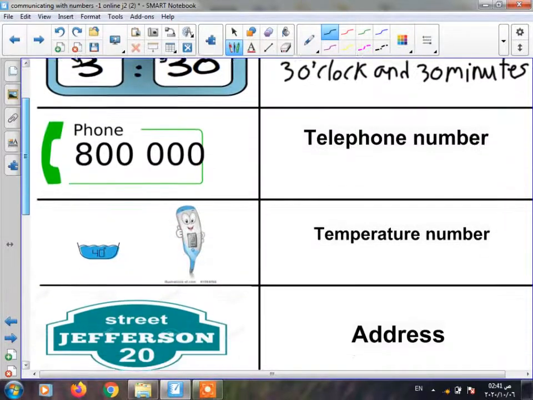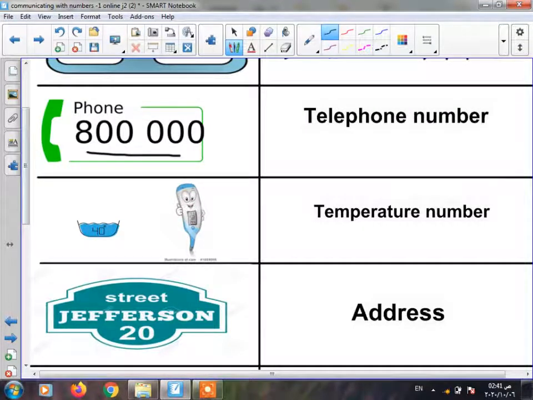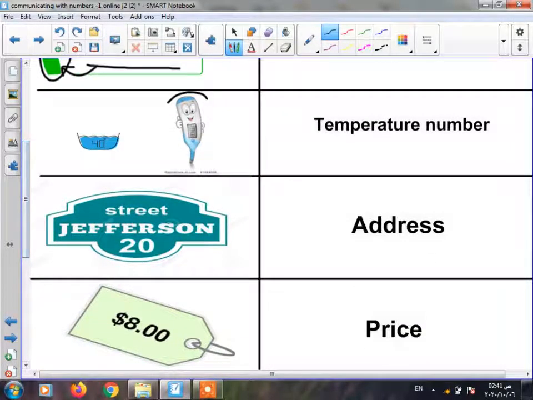Number 2. Here is a number, and beside this number there is an image of a phone. So this number, 800000, gives me information. This is a telephone number. Then next, it is called what? Yes, excellent. This is called a thermometer.